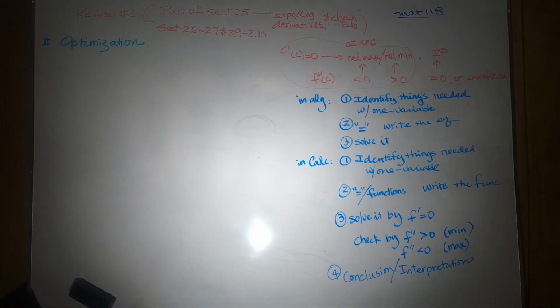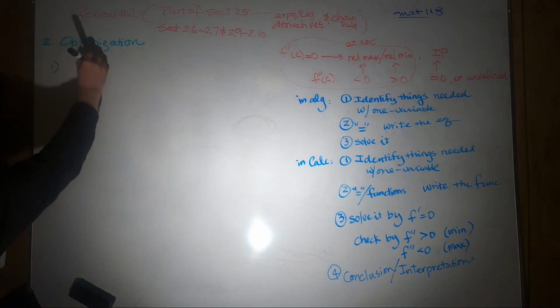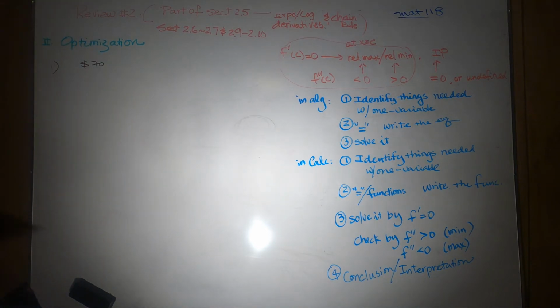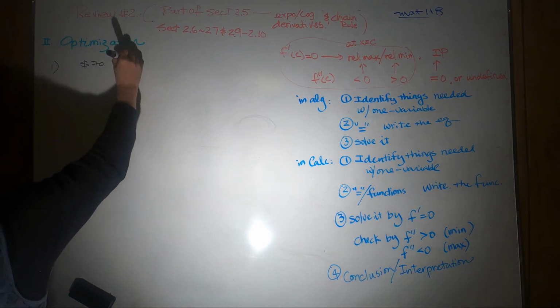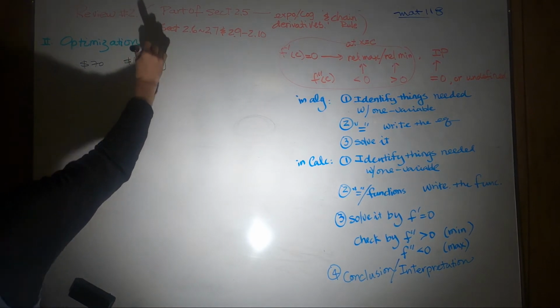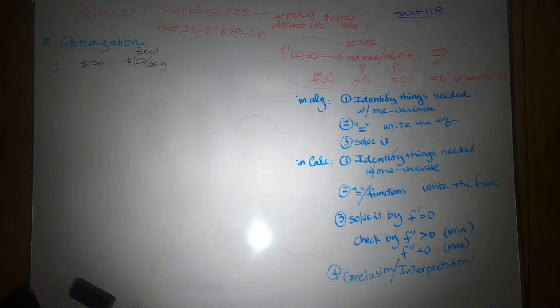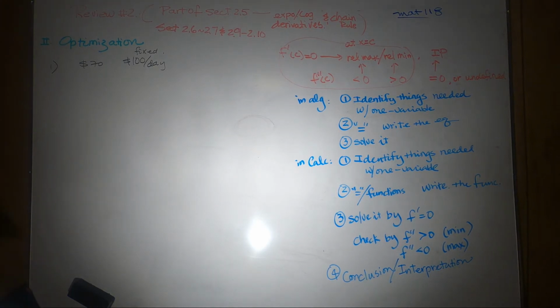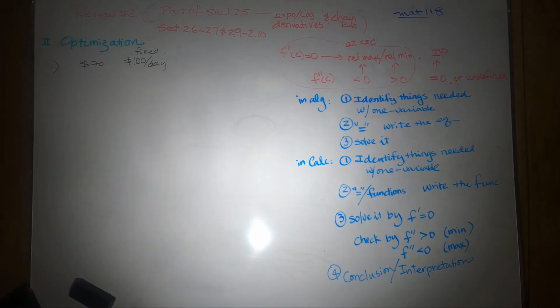City Cycles Incorporated finds that it costs $70 to manufacture each bicycle, and the fixed cost is $100 a day. That's a fixed cost, right? And the price function is P of x equals 270 minus 10x.